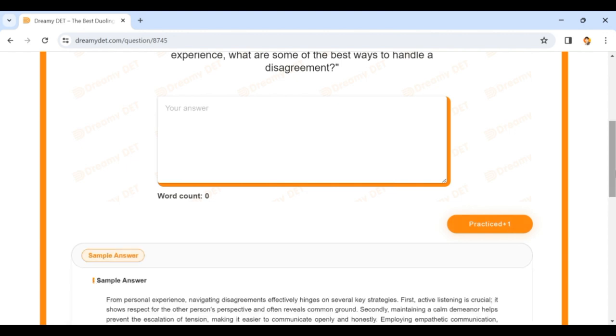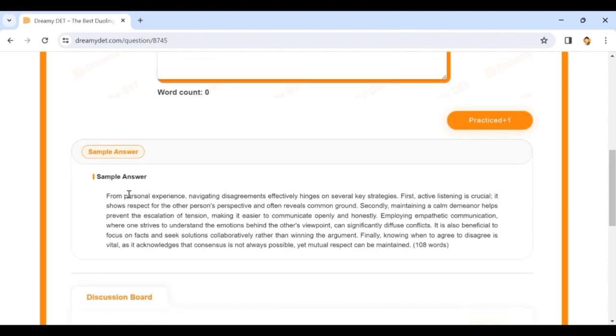From the sample answer: from personal experience, navigating disagreements effectively hinges on several key strategies. So you can see the sample answer, and from here you can take some ideas on how you should respond if you face this question on the actual Duolingo English test.